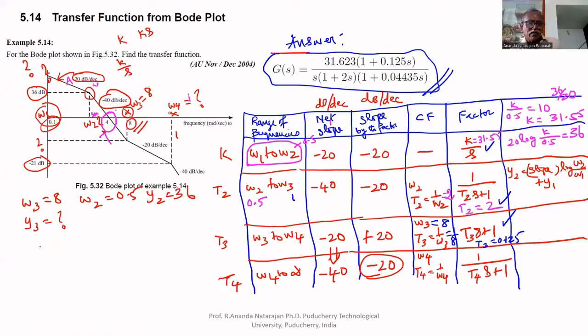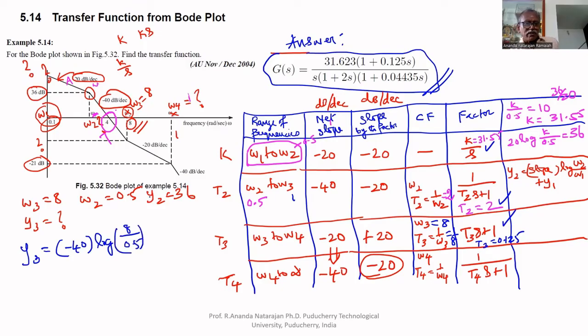Y3 is the unknown value. Y2 we know. Therefore, y3 equal to slope. What is the slope of this line? Minus 40 dB. Minus 40 log omega 3 is 8, omega 2 is 0.5. Omega 2 is 0.5.